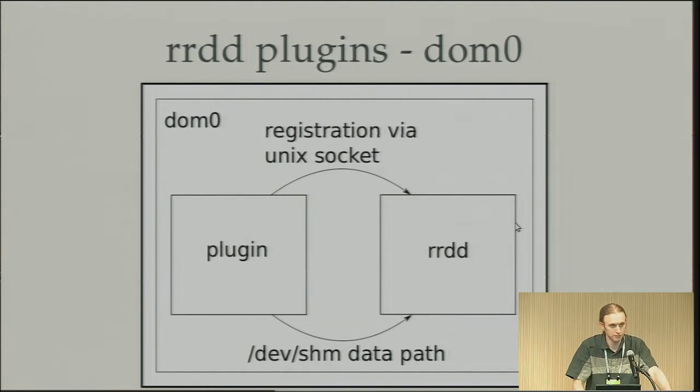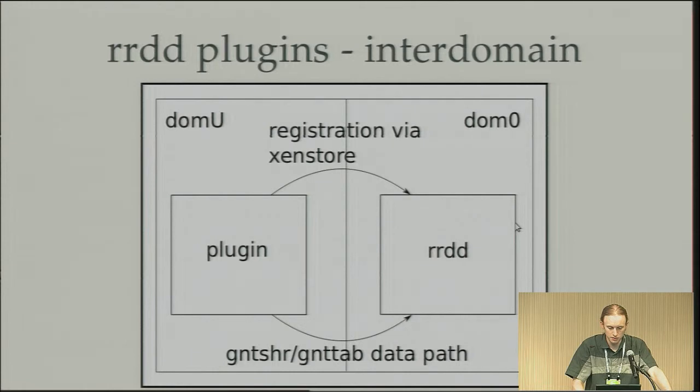To move them out of Dom0, there's a fairly simple analog. We keep xenstore in for the registration rather than doing it over a socket, and then we use the userspace grant tables for the actual data path. And I was excited to hear from David that this is completely broken.